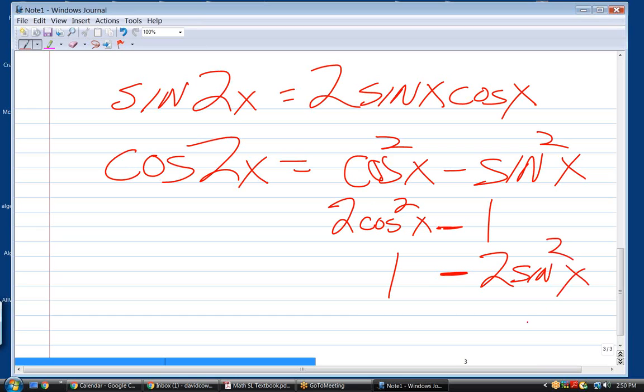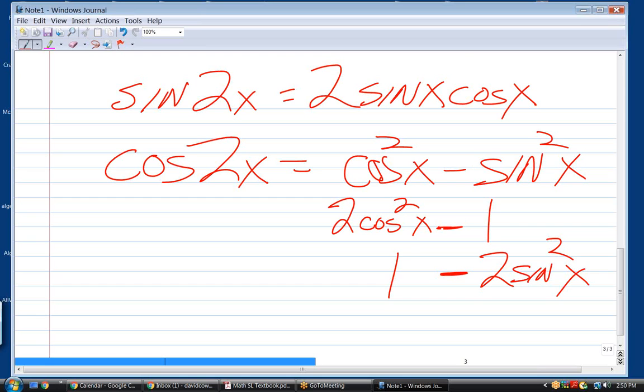So that's all you need to remember: all three have negative signs. This one has both cosine and sine. This one has only cosine. This one has only sine. And the reason there's 3 of them is that there are lots of trig functions where, when you go to solve, you have to convert. And sometimes it's a lot more useful to have it all in cosine or all in sine than it is to have a combination.